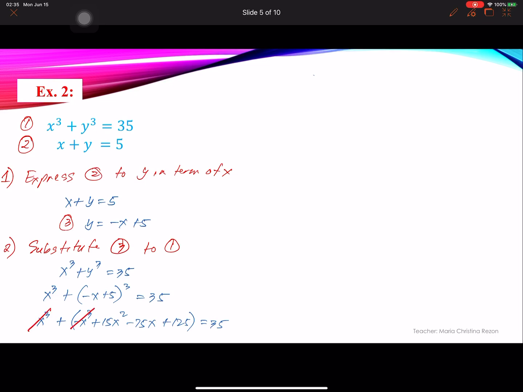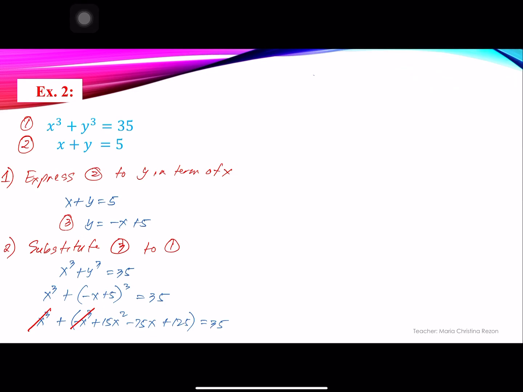So what is left is 15x squared minus 75x plus 125 is equal to 35. You can combine these constants here, equate the equation to 0. So you will have 15x squared minus 75x plus 90 is equal to 0.